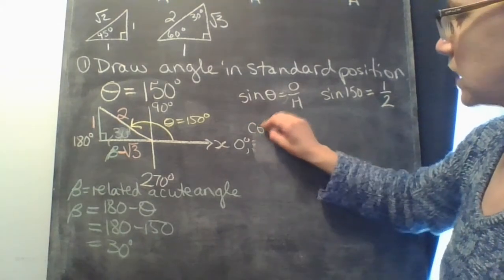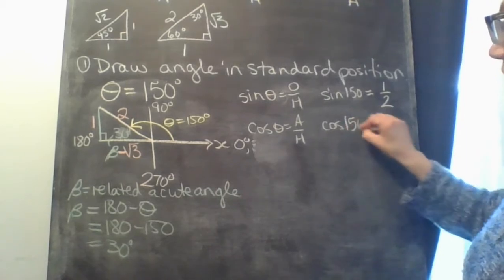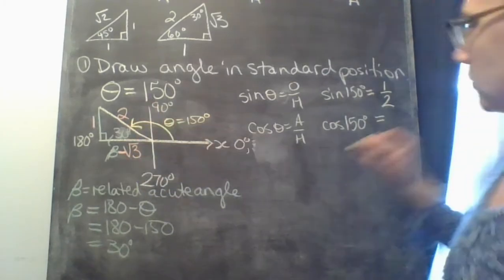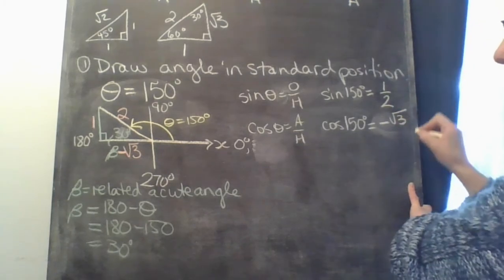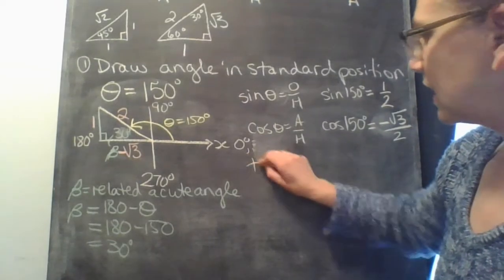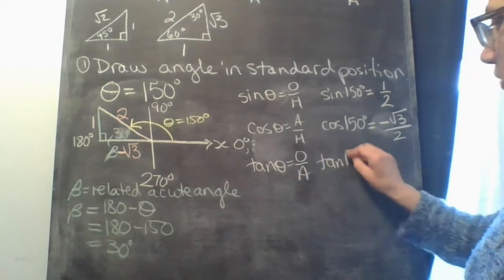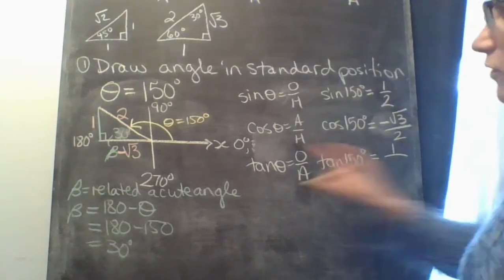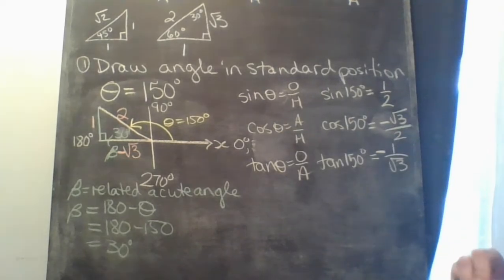We know cos angle is adjacent over hypotenuse, so that means cos of 150 is going to be equal to negative root 3 over 2. And tan angle, we know, is opposite over adjacent, so that means tan of 150 is going to be equal to opposite is 1 over negative root 3. So my tan value in this one is going to be negative.